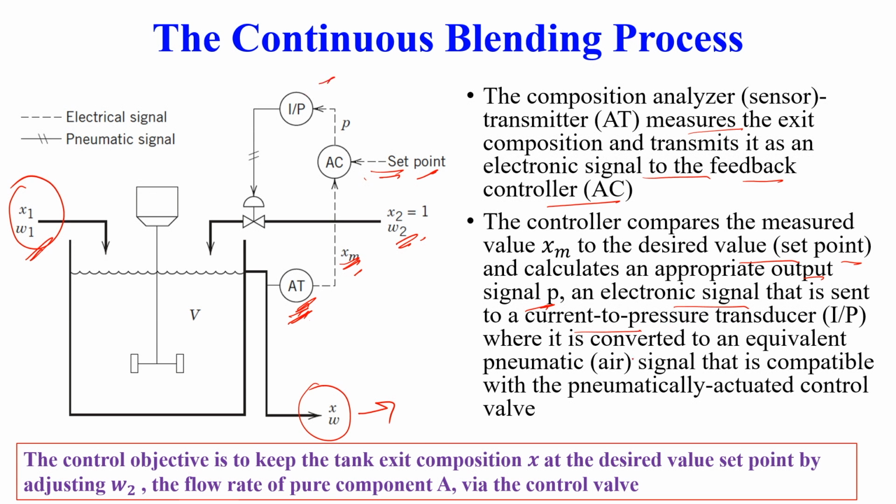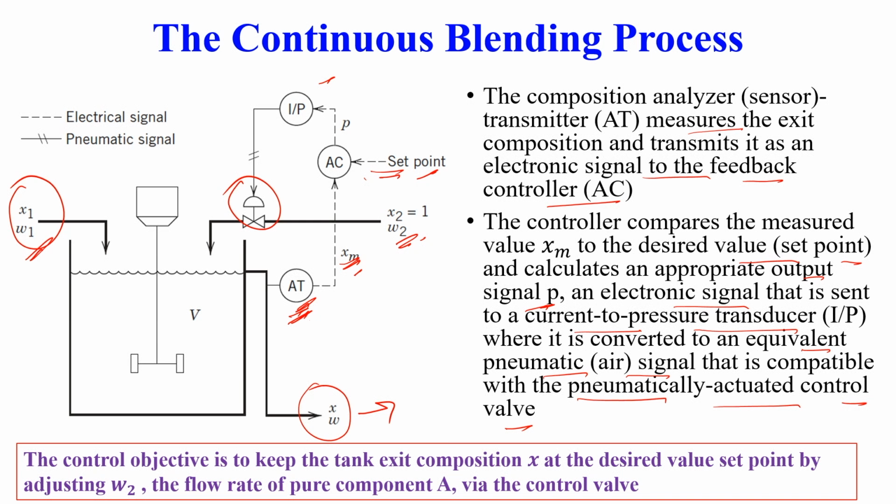In this case, it is a current to pressure transducer, where it is converted to an equivalent pneumatic signal that is compatible with the pneumatically activated control valve, and this valve will then open, and depending on that, stream 2 will be added to the system.